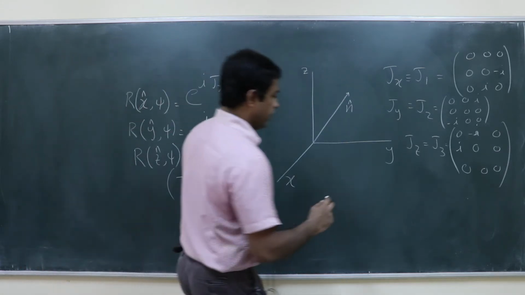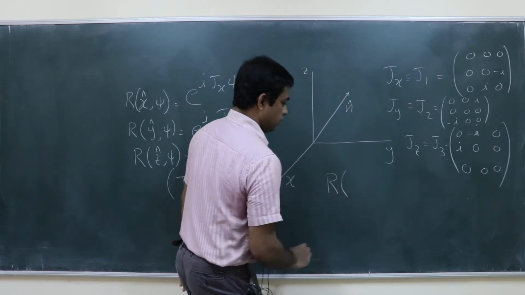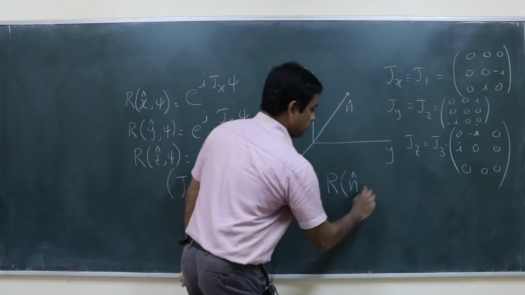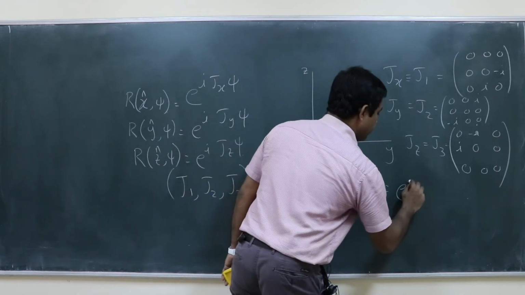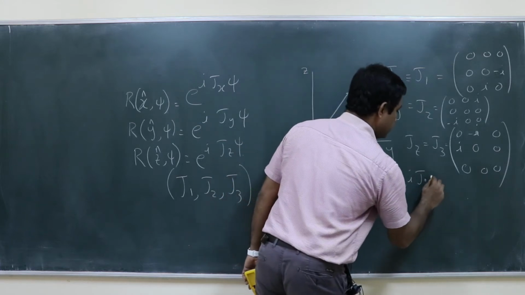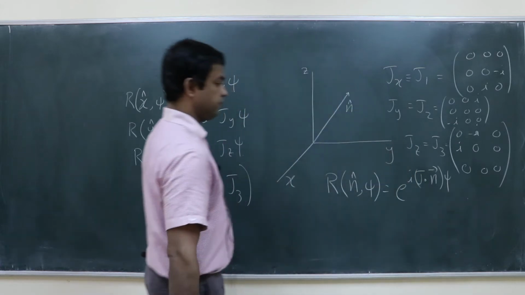So we can write down the general rotation R about the n axis by angle psi as e to the power i J dot n psi.